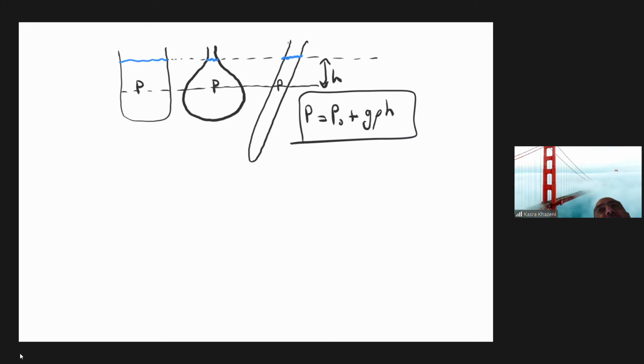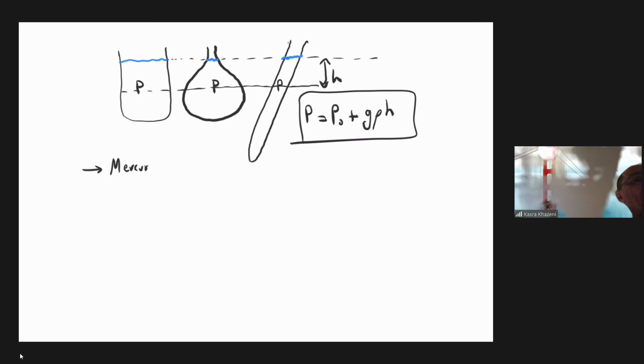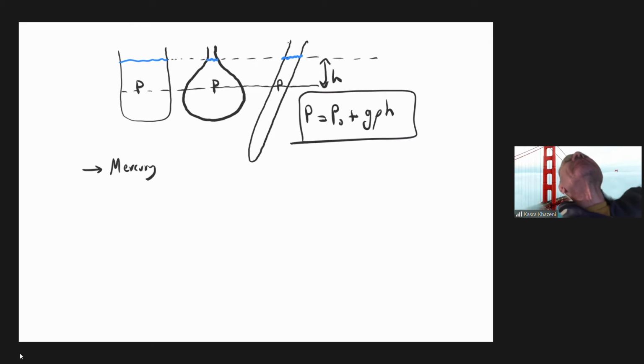There is a clever way, using this principle, to calculate a little bit indirectly what the pressure of the atmosphere is in your room or your laboratory. And the way you do it is this. I think it's called a mercury manometer. Let me just make sure.